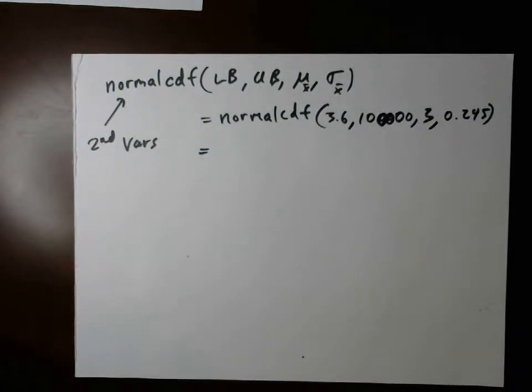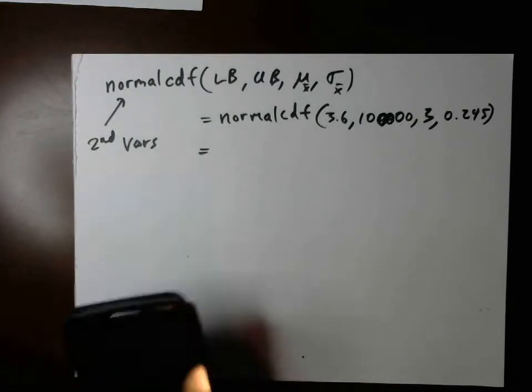And we'll plug this into our calculator and see what we get. So normal CDF of 3.6, comma, 100,000, comma, 3, comma, 0.245. Can you see what I have here?